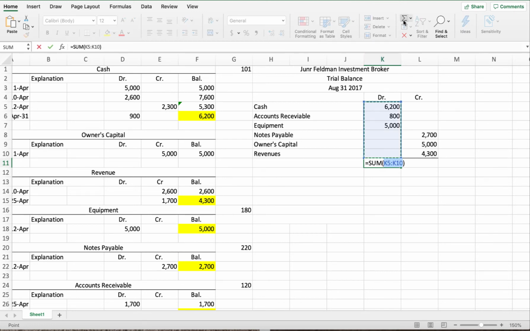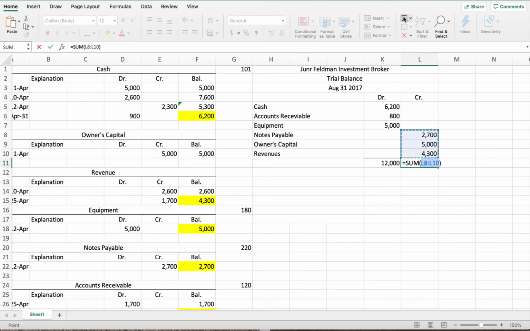I click on my auto sum and notice what it says: equals sum. We're telling the cell to sum all the cells between K5 and K10. We get $12,000.